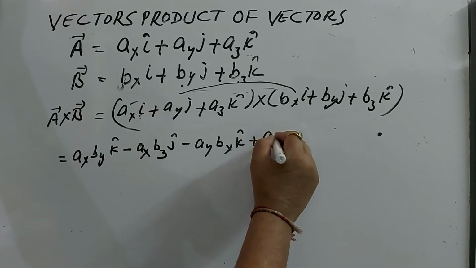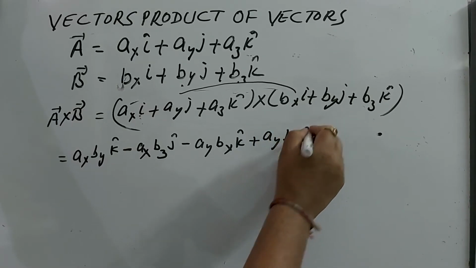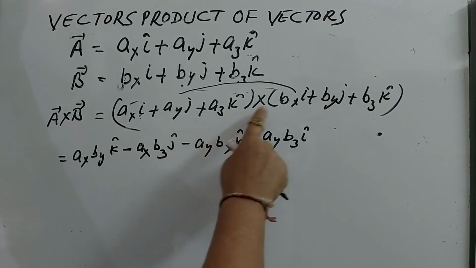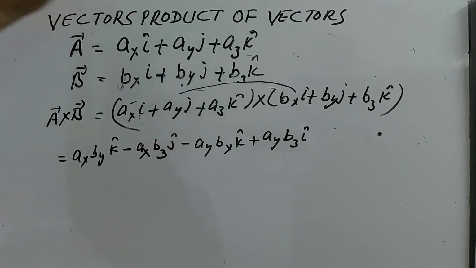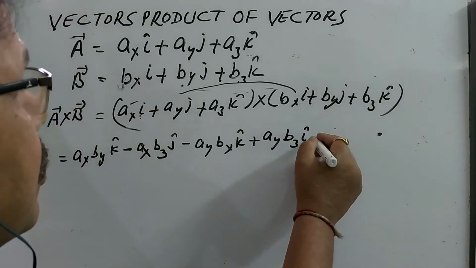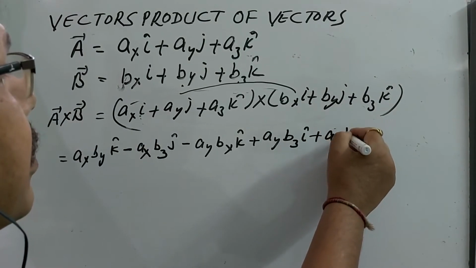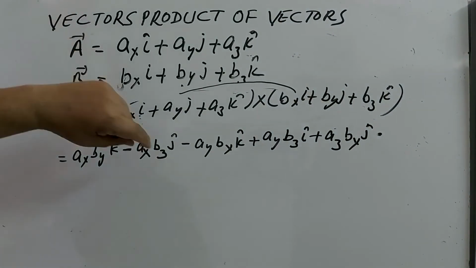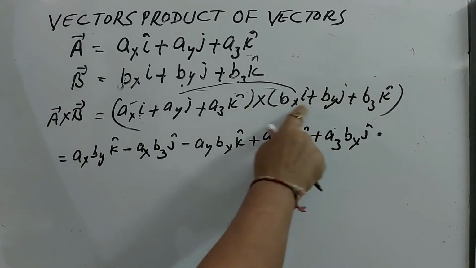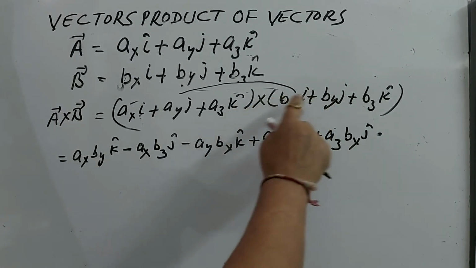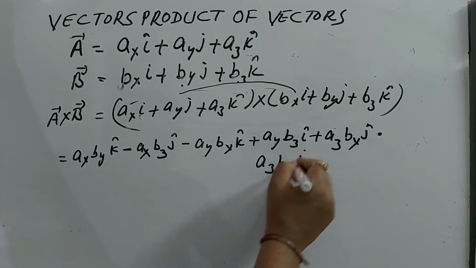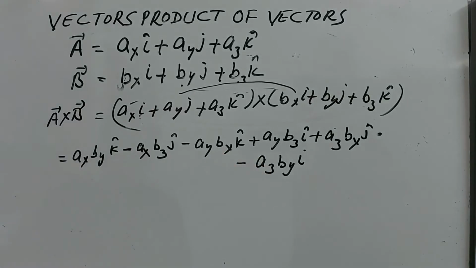So this will become ay bz i cap. Now you multiply the third term with the first, this is az bx, this is k cap cross i cap, and this will be equal to j cap. So this is equal to az bx, and this is j cap. And the next term, if you multiply this with this, k cross j will be equal to minus i. So this will be az by, and this is i cap, and this will be minus i.